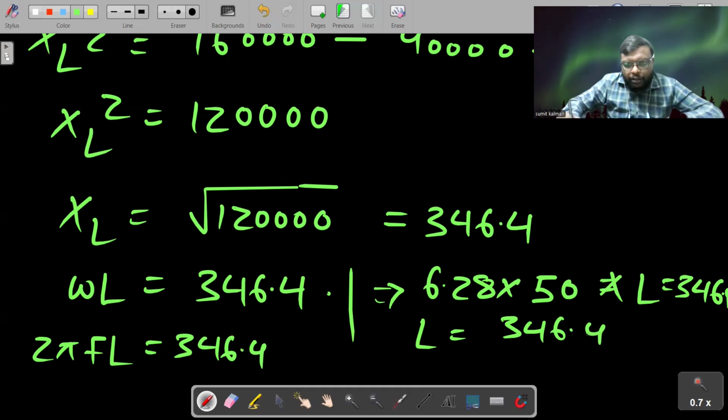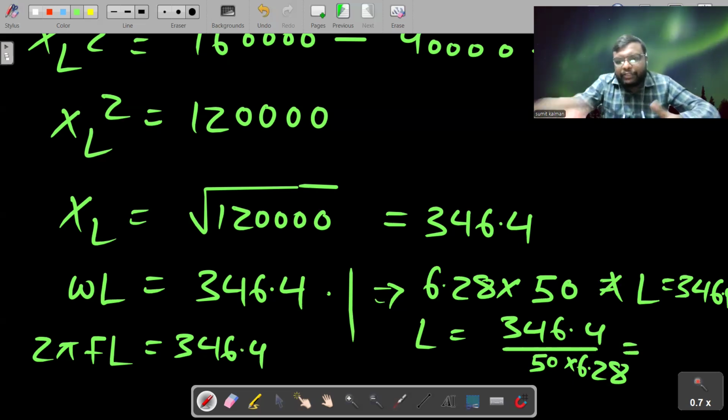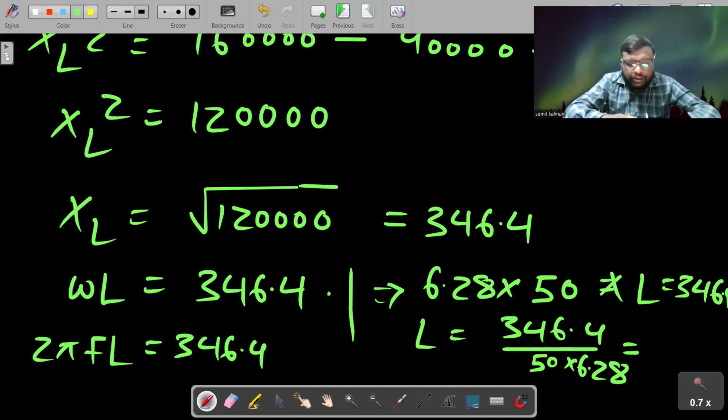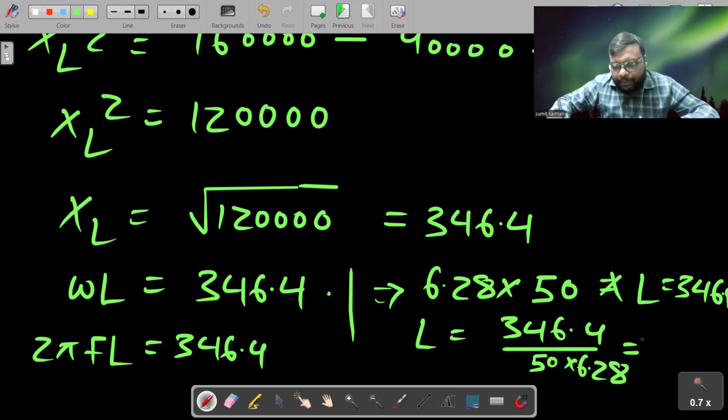So here L will become 346.4 upon 50 into 6.28, and here if you will calculate it, 50 into 6.28 is 314, and 346.4 divided by 314, after simplification, it will come out to be 1.1 Henry.